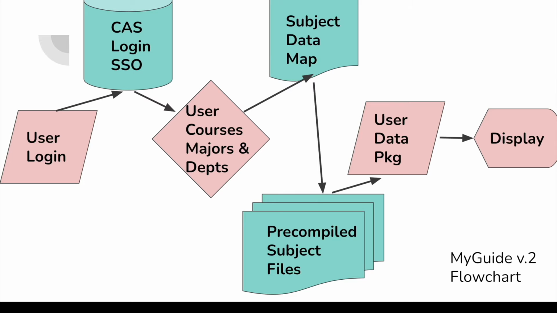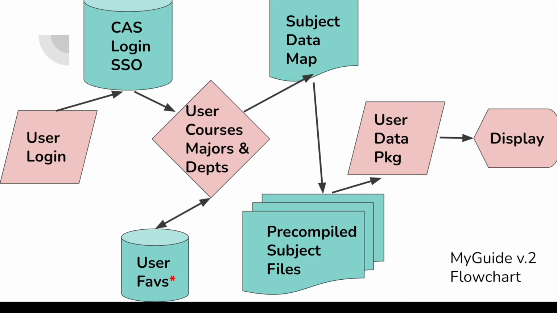In version 2, which is under development now, we will add another component into this mix. Users are able to select their favorite subjects, databases, and guides. Their favorites information is stored in a database, keyed to a hash of their username. At login time, we retrieve a list of their favorites to let that inform what they're going to see. At this stage, we need to know if they have any favorite subjects.